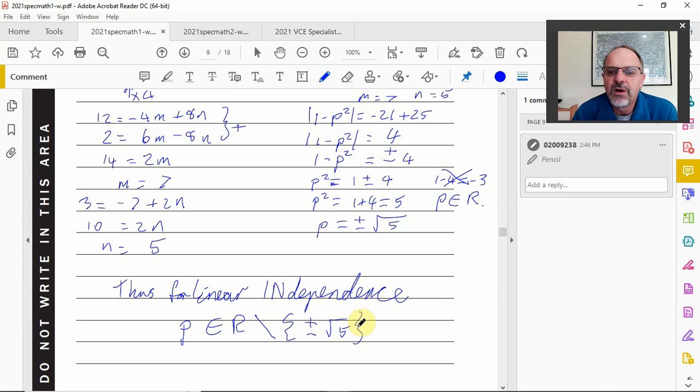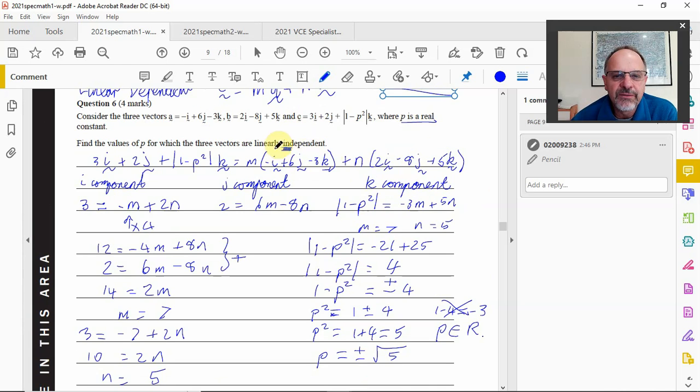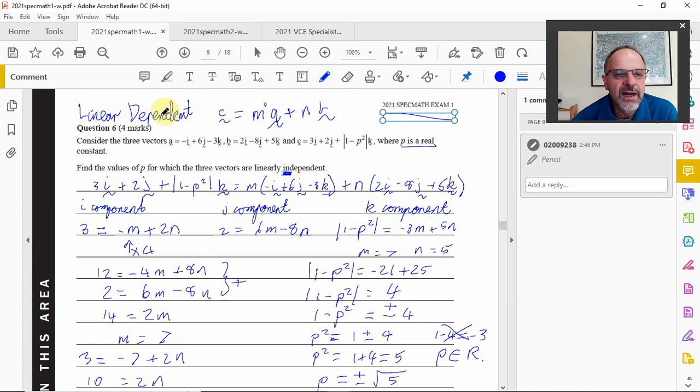All right, so what we've done, the strategy we've used, is to find the opposite to what they're asking for, because we know a relationship between vectors when they're linearly dependent, and you need to commit that to memory, obviously, for Exam 1.